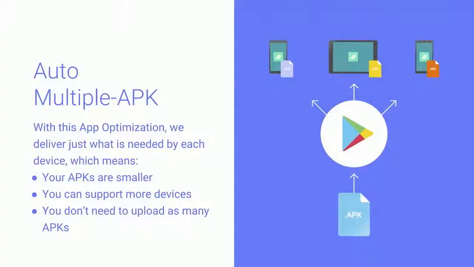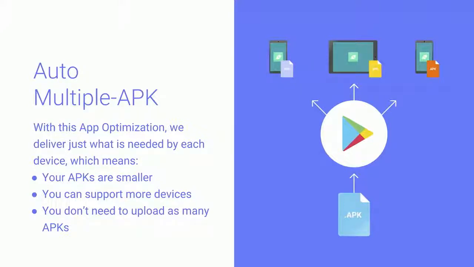So what does this mean for you if you are enrolled in Google Play App Signing and have enabled these optimizations? Firstly and most importantly, it means that the APKs we deliver to your users are smaller, saving users bandwidth and space on disk. It also means that if you were previously reluctant to add support for new architectures or screen densities because you worried about bloating your APK, then now you don't need to worry.